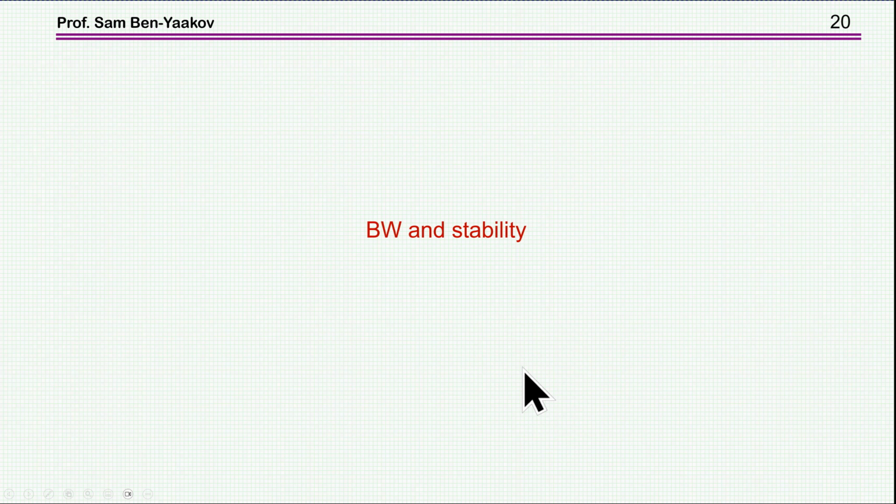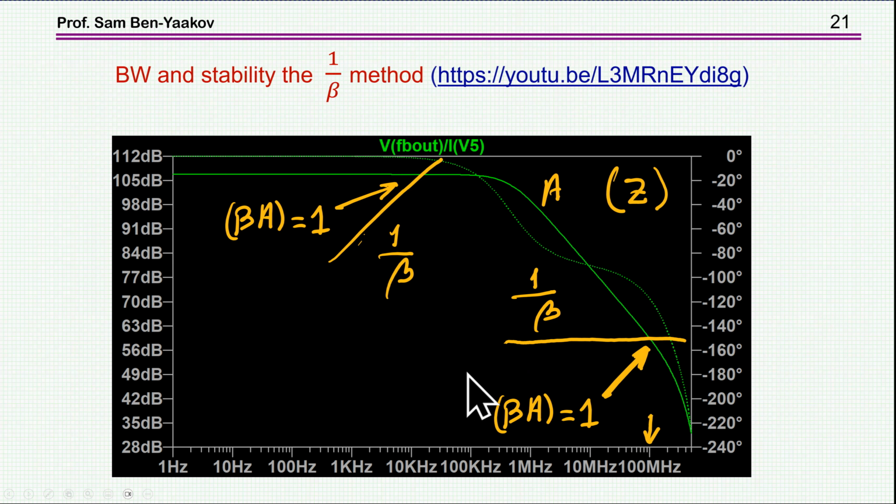So let's talk now about the bandwidth and stability, which is a little bit different from the VFA. Now I'm using here the concept of 1 over beta and its relationship to the open loop gain. Now this approach is explained in this video, so if you are not familiar with it, I'm recommending very much that you watch it, because it's a very powerful way of designing feedback in analog and power electronic systems.